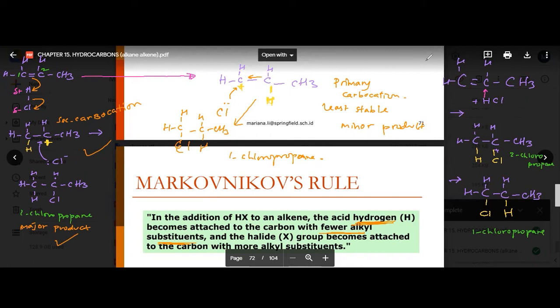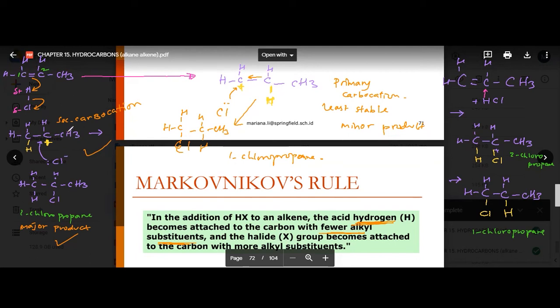Or sometimes people memorize that hydrogen goes to the carbon of the C double bond that has more hydrogens. Hydrogen goes to the one with more hydrogens. Between carbon number 1 and carbon number 2, the carbon that has more hydrogens is the first carbon.